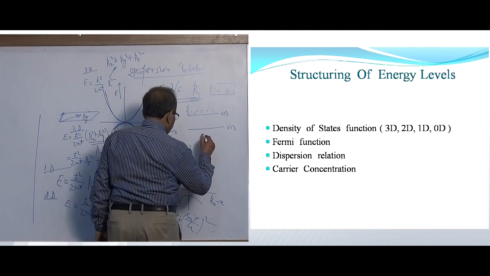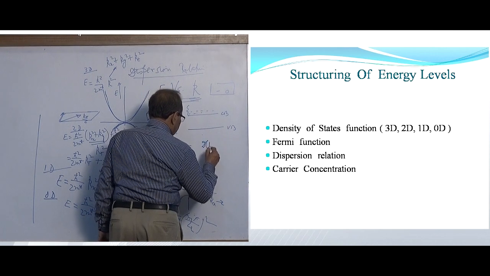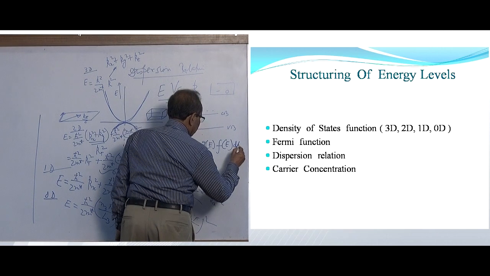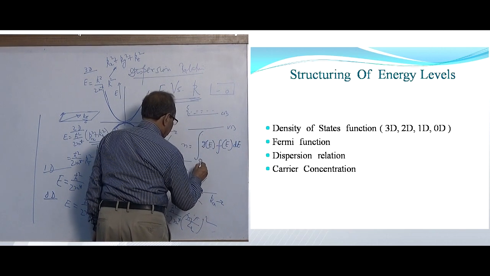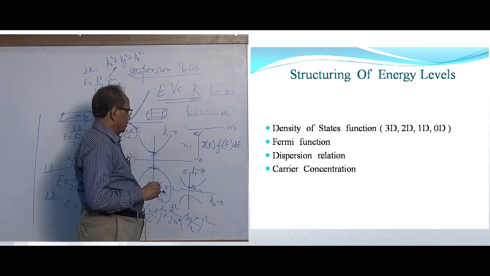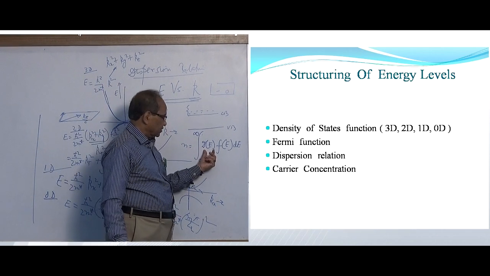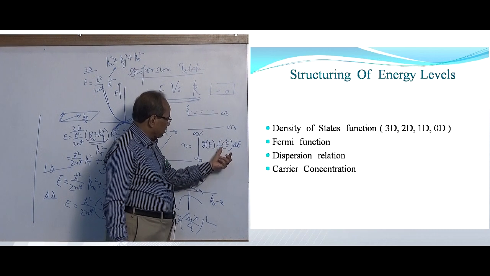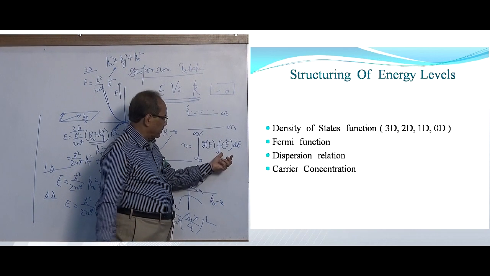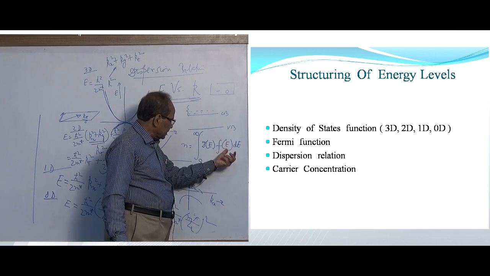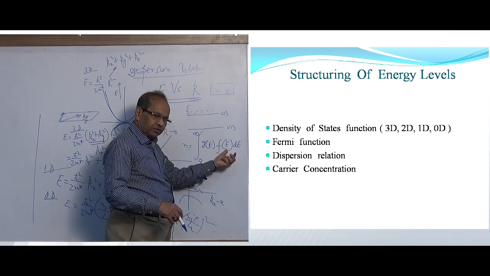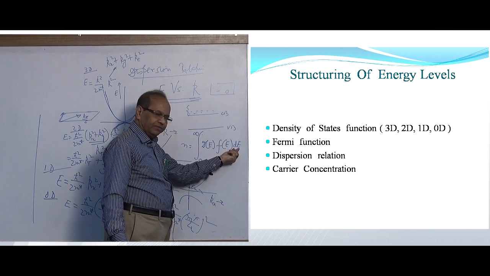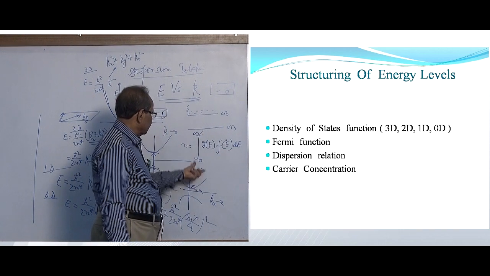So electron density, how many electrons in unit volume of the semiconductor? This is equal to the integral from 0 to infinity of D(E) F(E) dE, where D(E) is the density of states at energy E, F(E) is the occupation probability of energy E for an electron, and dE is infinitesimal, and this is the integration.